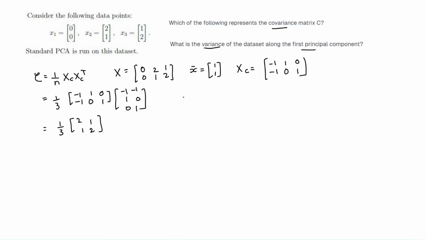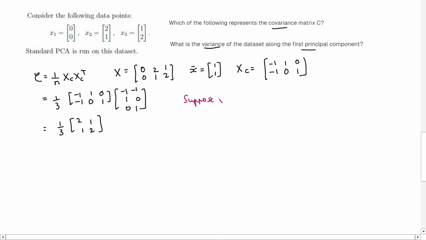Now let us say that v1 is my first principal component. What does that mean? That means C v1 is equal to lambda 1 v1, because it has to be an eigenvector of the covariance matrix, and it has to be of size 1.